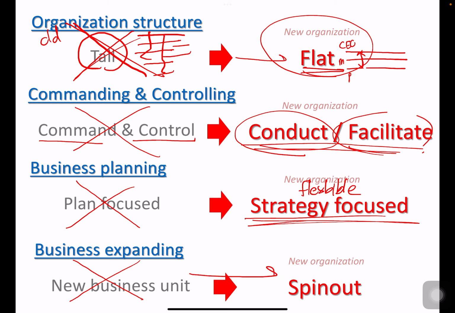We would like any unit that grows to spin out, like a startup or a new organization that can perform well, and the staff or employees in that spun-out business feel like it is their own company. So these 4 are what we would like to have in the new organization: flat, conductor, strategic focus, and spin out.